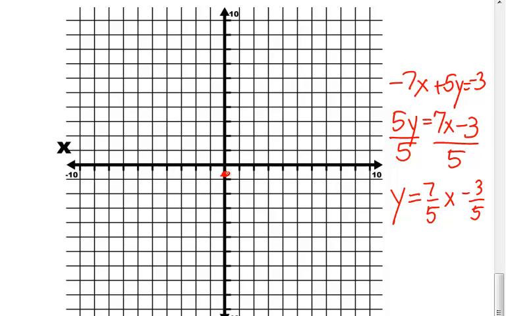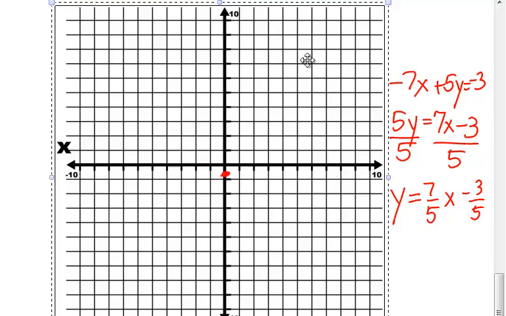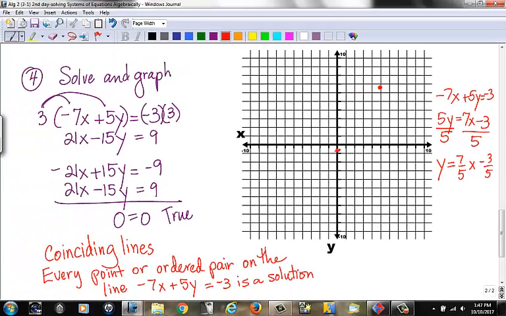Okay, we're going to go up 7, and you're just counting kind of in the middle. So up 1, 2, 3, 4, 5, 6, 7, and over 5. Something about like that.